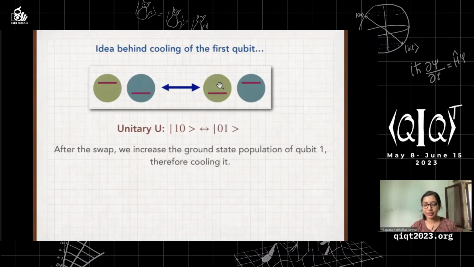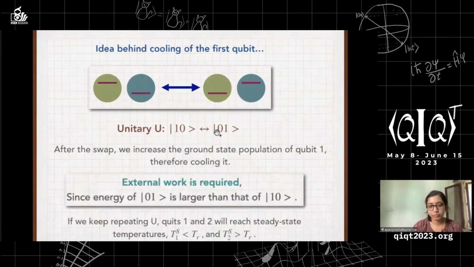And so in this manner, since the ground state population of the first qubit increases, there is a refrigeration of the first qubit and also a heating of the second qubit. But here is one point to be noted: these two energy levels, 1,0 and 0,1, that we saw previously, are not degenerate, that is, they are of different energies, and the energy of level 0,1 is higher than the energy of level 1,0.